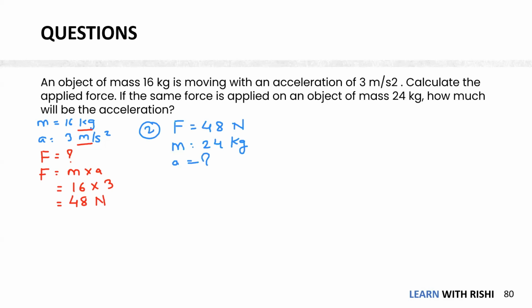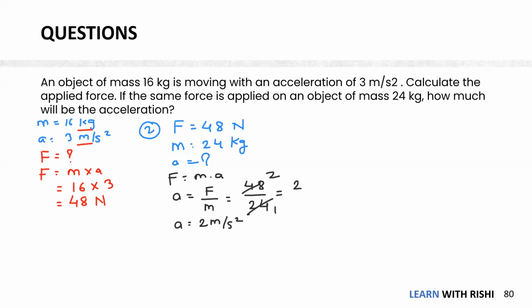Again, we will use the same formula. Force is equal to mass into acceleration, so acceleration is equal to force divided by mass. So force is 48 upon mass 24. 24 2s are 48. So acceleration will be 2 meter per second square.